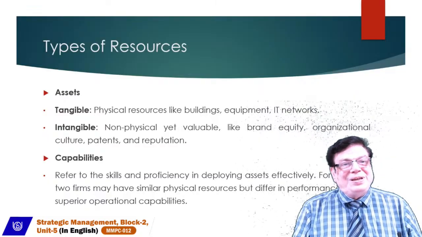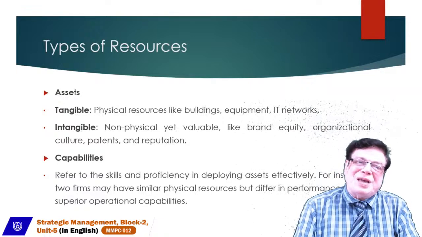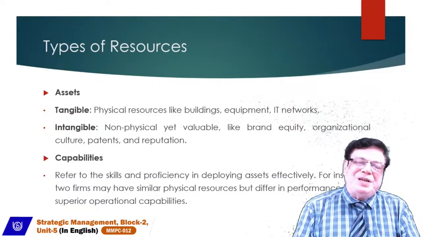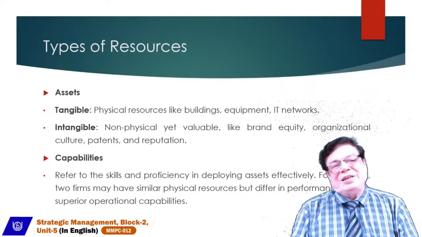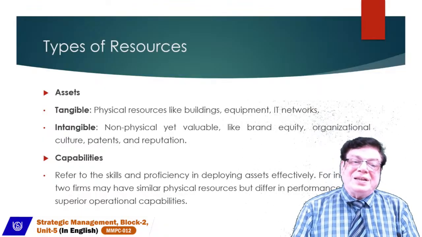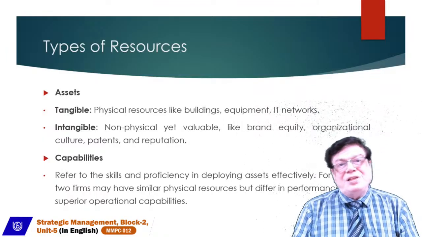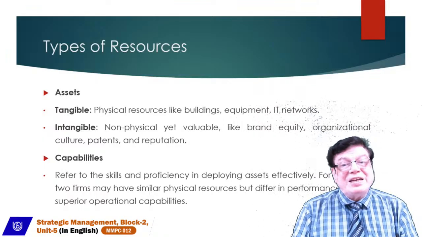Next type of resource is capability. First type is tangible. We studied tangible assets, intangible assets, current assets, fixed assets. Then capabilities refer to the skills and proficiency in deploying assets effectively.